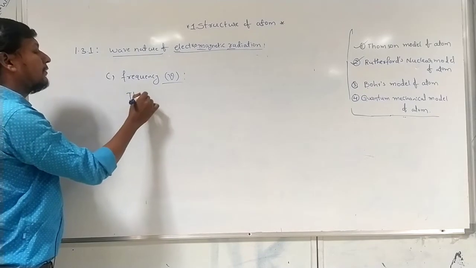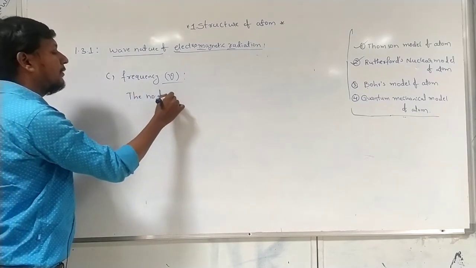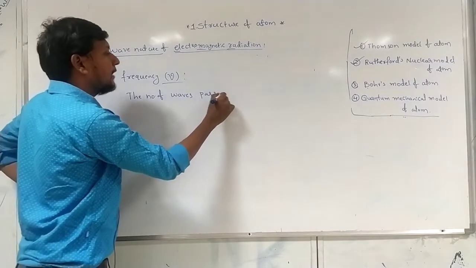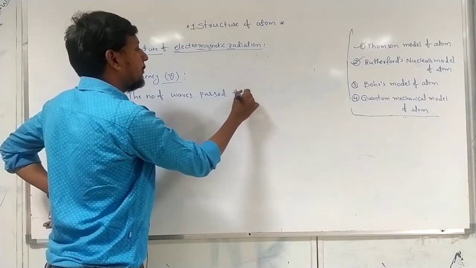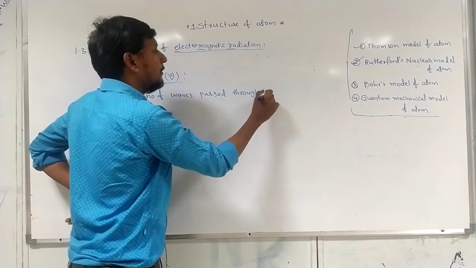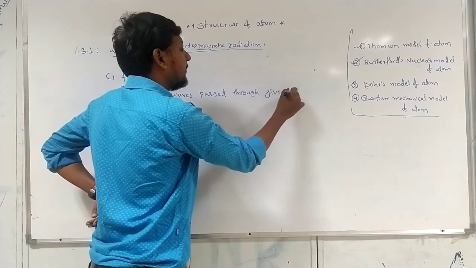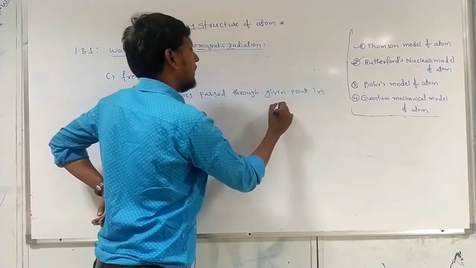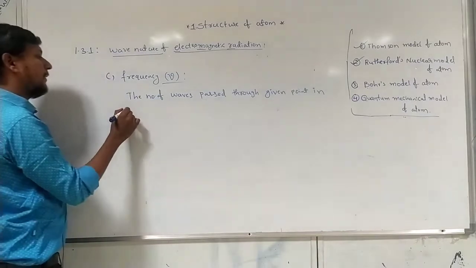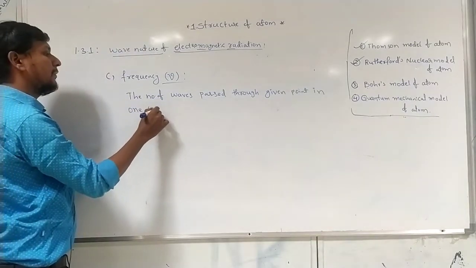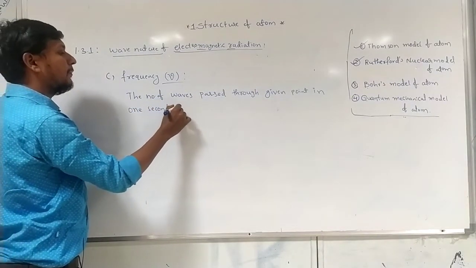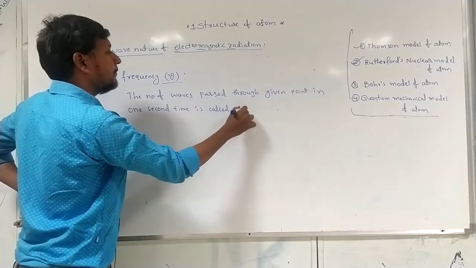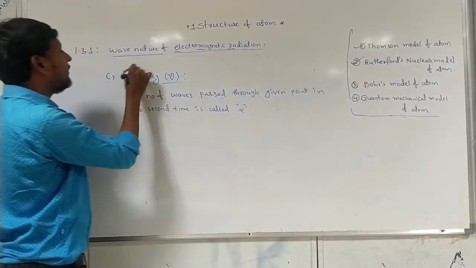The number of waves passed through a given point in 1 second is called frequency.